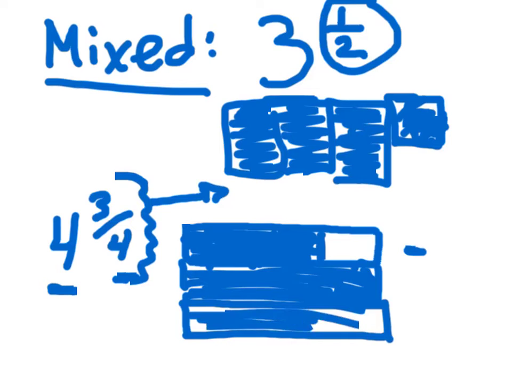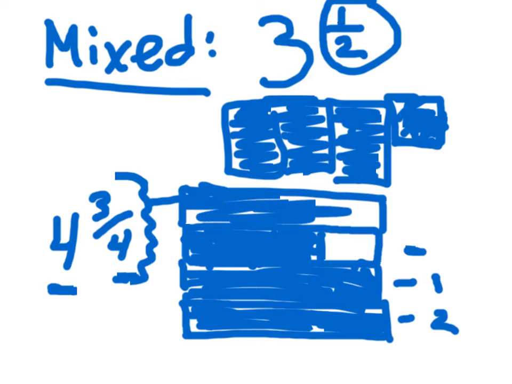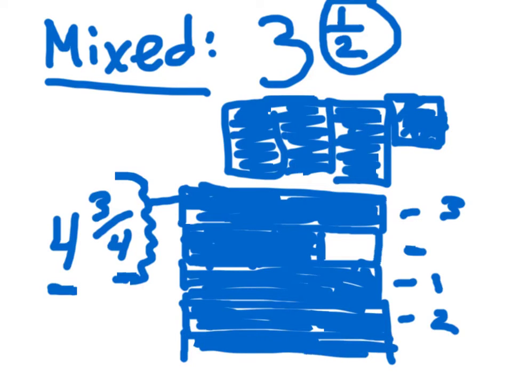That's another whole piece. Now I've got 3 whole pieces. And I'm going to squeeze one more in at the bottom here, same size. And now I have 4 whole pieces.